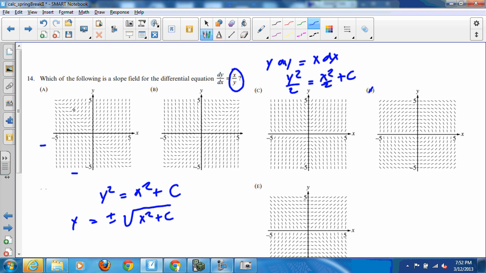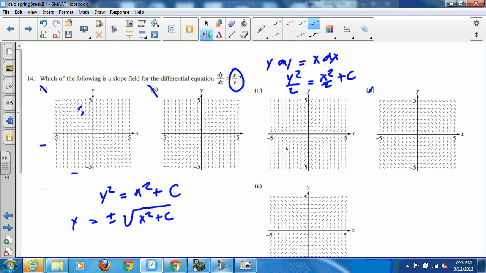But over here, the x value is negative and the y value is positive, so all of my slopes have to be negative, and I can see that there are some positive slopes in here, see there and there? So I'm going to eliminate A right off the bat. Looking at this one, I see negative slopes right away, so I'm going to eliminate that one. I see positive slopes here, and some negative slopes.